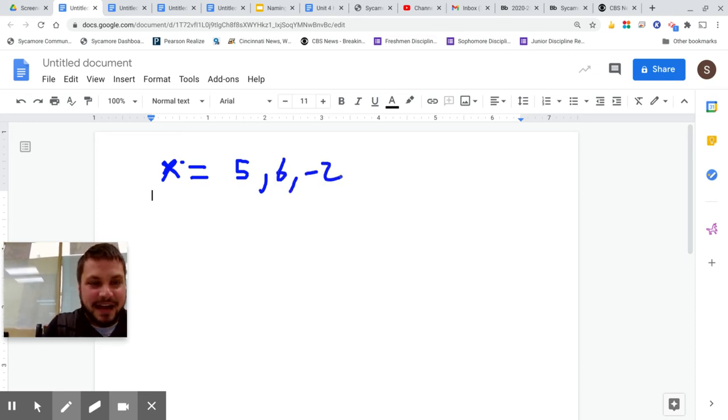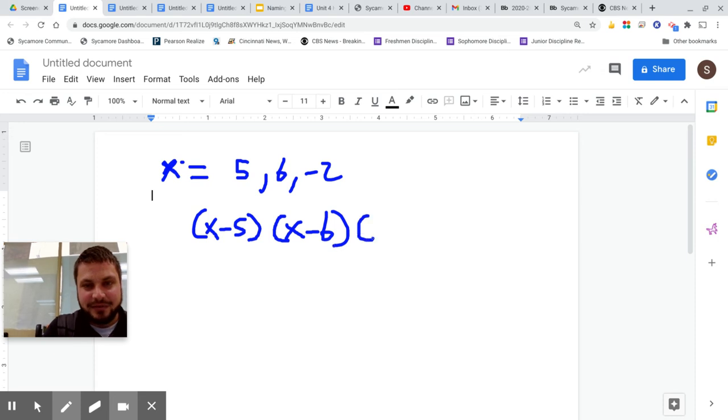Okay, if 5 was an answer, then x minus 5 was a factor, because if I set x minus 5 equal to 0, I get that answer. If 6 was a 0, then x minus 6 was a factor. If negative 2 was a 0, then x plus 2, the opposite of that, was a factor, okay?